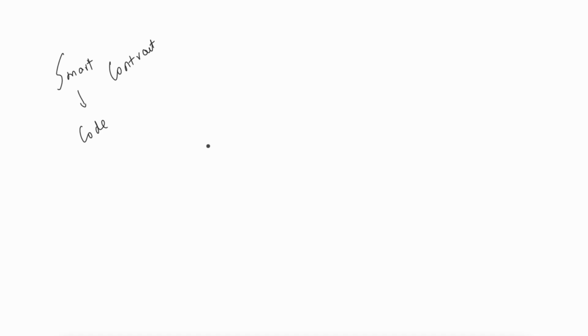Let's say you are sending one dog, one goat, as parameters to the smart contract, and the same parameters you are passing to a dumb contract.